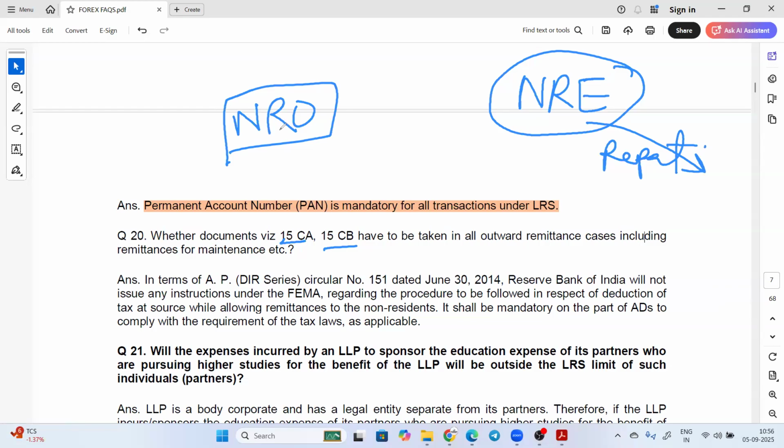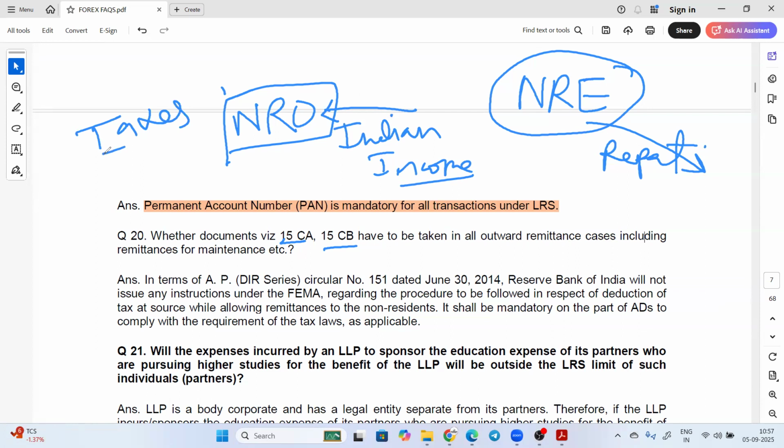But whatever the fund is in NRO, mostly the fund will be Indian income, and this Indian income is in the NRO account. So to confirm that whatever the fund is in the NRO account, all the taxes are paid. The bank has to take Form 15 CA and CB from the customer.